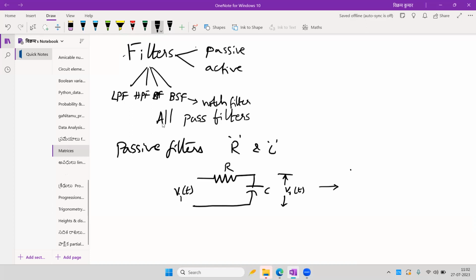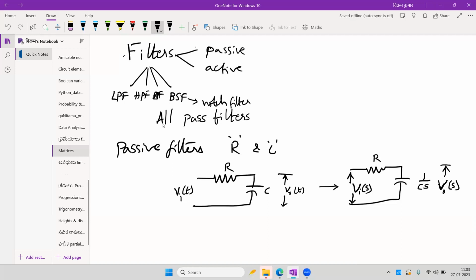If you want to draw in the Laplace domain, it can be something like this. The diagram looks the same, but the notation we write as R itself. This will become 1 by Cs, and the output now is capital V naught of S, and the input here is capital Vi of S.